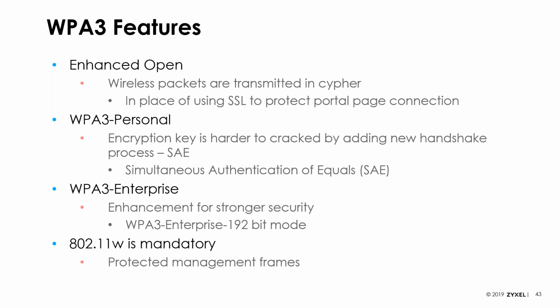WPA3 Enterprise only introduces a stronger encryption, and obviously since we are talking about encrypted Wi-Fi, 802.11w is mandatory, so protected management frames need to be there for these functions to work.